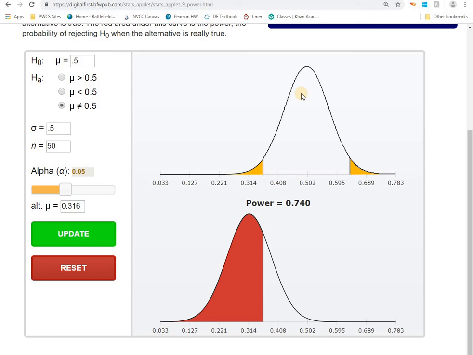If we decrease our alpha, then what you're doing is you're making your type 1 error, the one right below it, bigger. It's actually going to make this guy smaller. Less likely that you fail to reject.